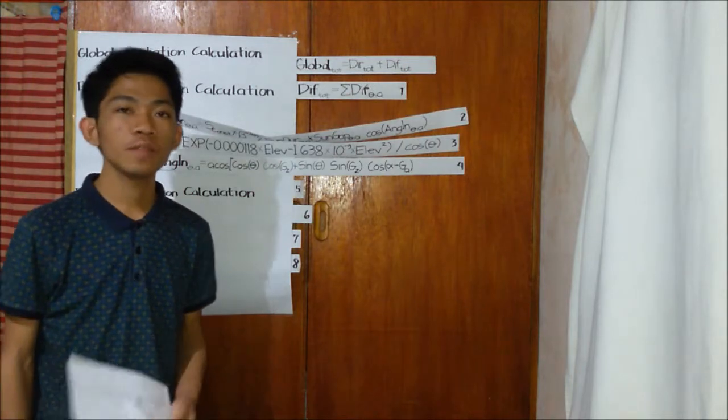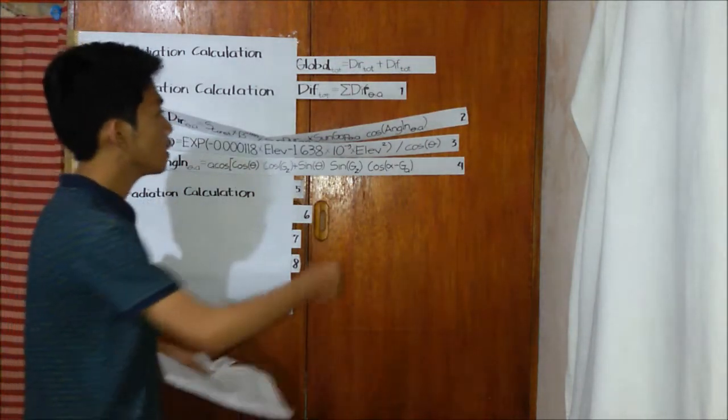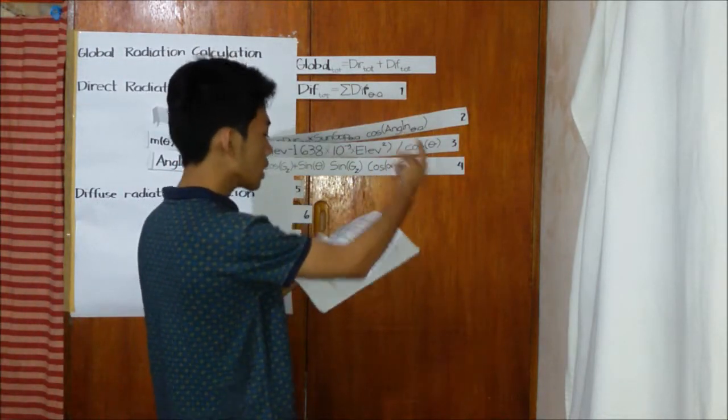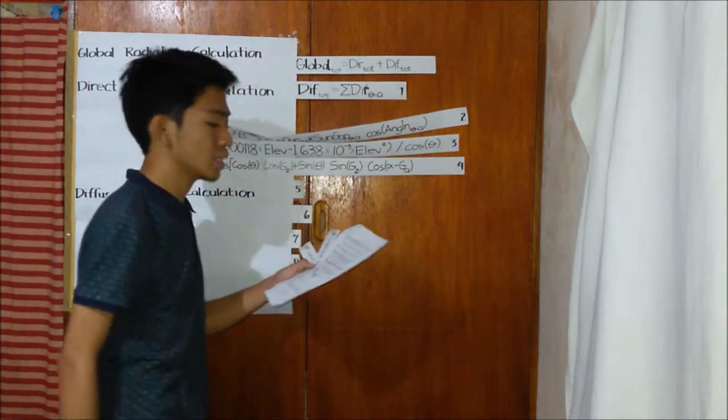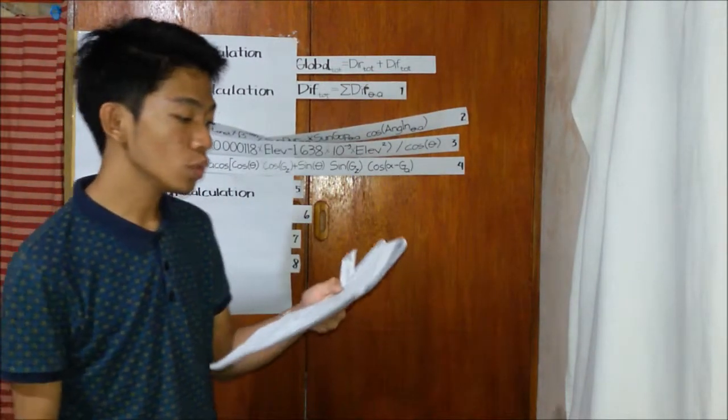For the last equation of the direct radiation calculation, it comes from the angle of incidence between the centroid of the sky sector and the axis of the normal to the surface.